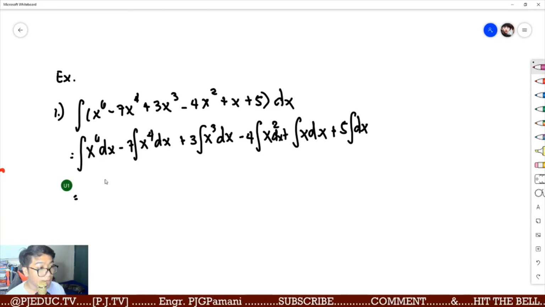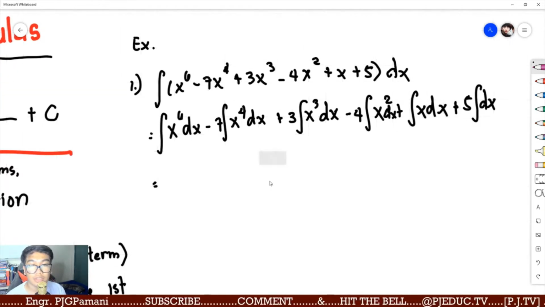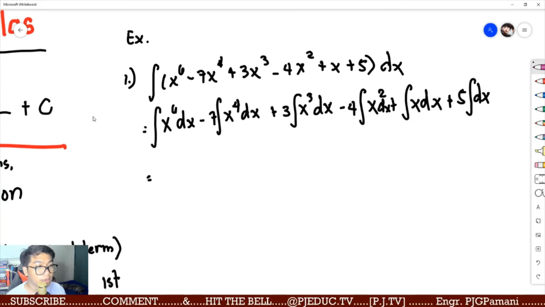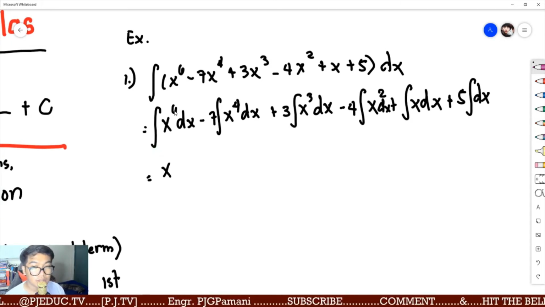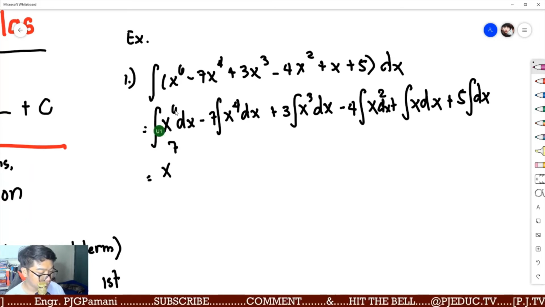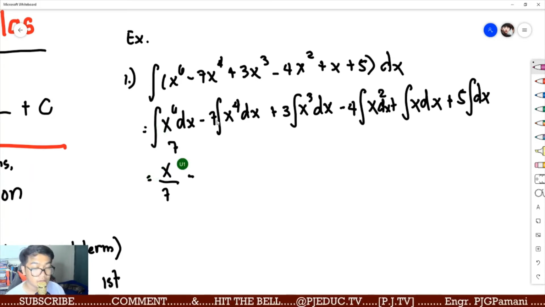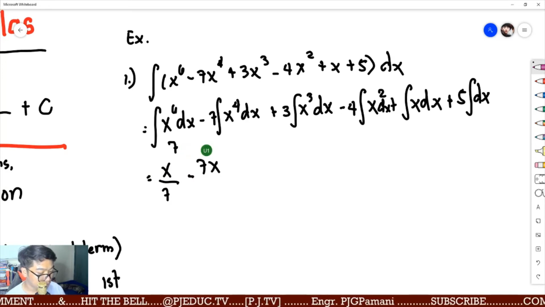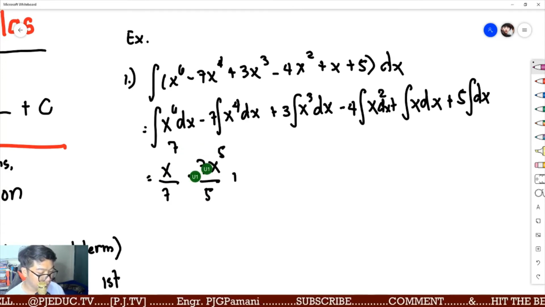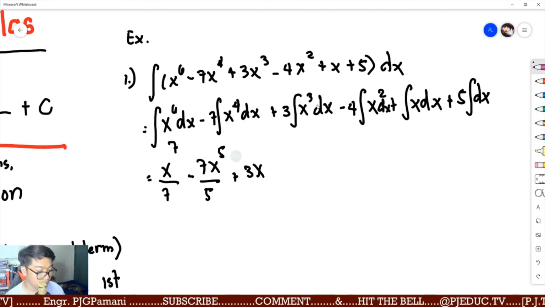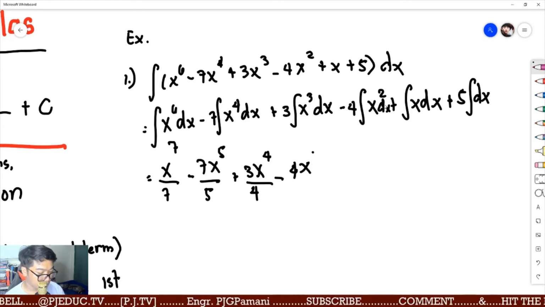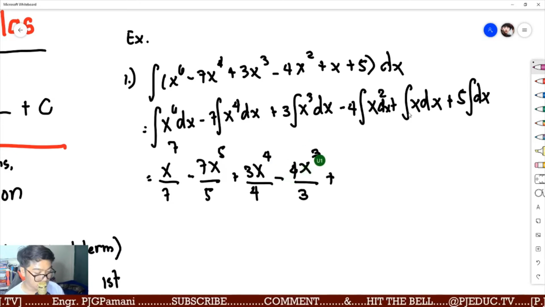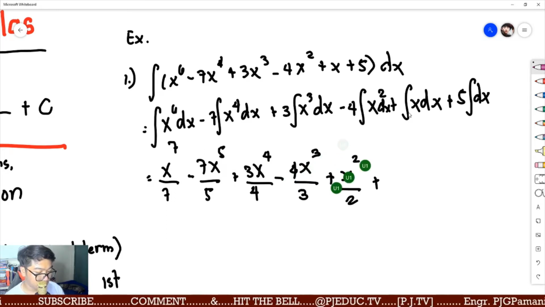So basically, apply your basic knowledge of differentials as well as the topic we discussed yesterday, the properties of the indefinite integral. Do I still need to write it? 6 plus 1 is 7, so x raised to 7 over 7, minus 7 times x raised to the 4 plus 1, so x to the 5 over 5, plus 3 times x raised to 3 plus 1, so x to the 4th over 4, minus 4 times x squared plus 1, so x cubed over 3, plus x squared over 2 plus 5x.